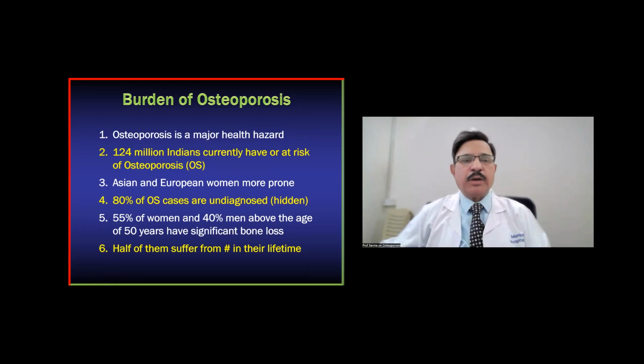For two reasons, because age itself reduces the bone mass. Androgens and estrogens are coming down, calcium intake is poor, exercise is zero, naturally the bones suffer. Half of them suffer from fracture in their lifetime. Half of the elderly people suffer at least one fracture in the lifetime.